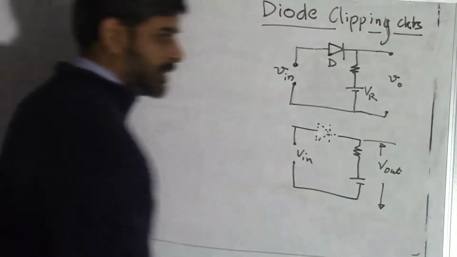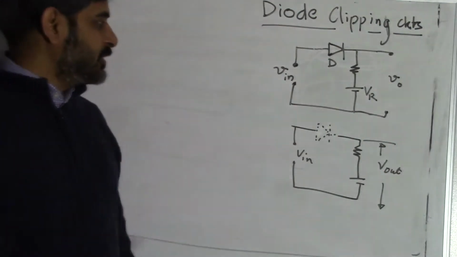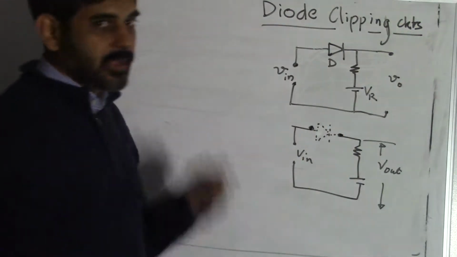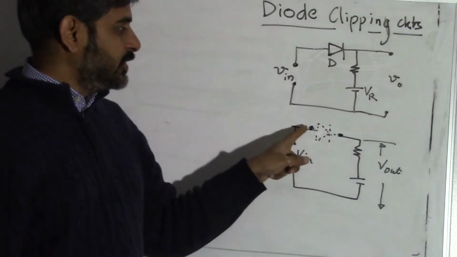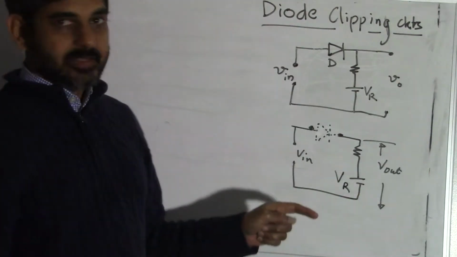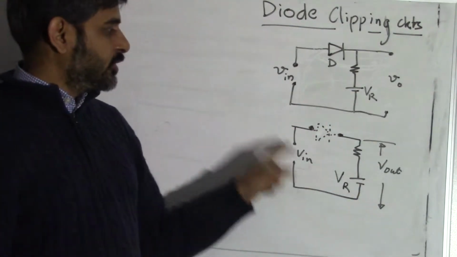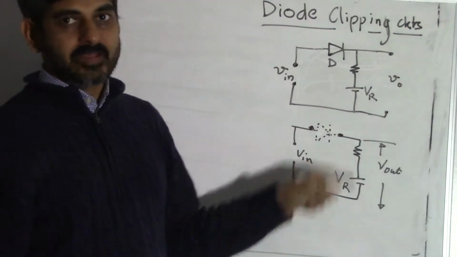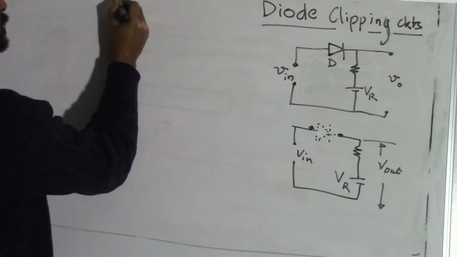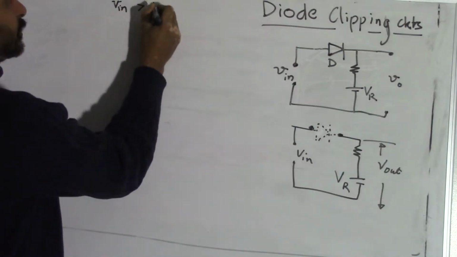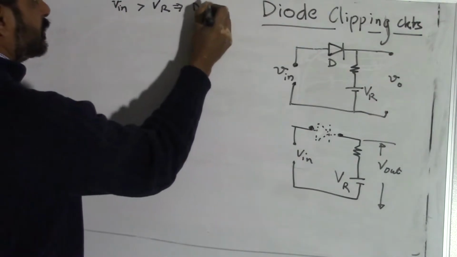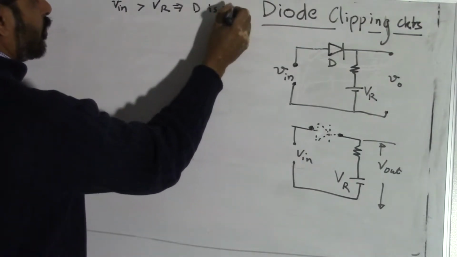So I write this condition. If you see this circuit here and mentally imagine it, if this V in is greater than VR, then this is positive and this is negative. If V in is greater than VR, this implies D is on.